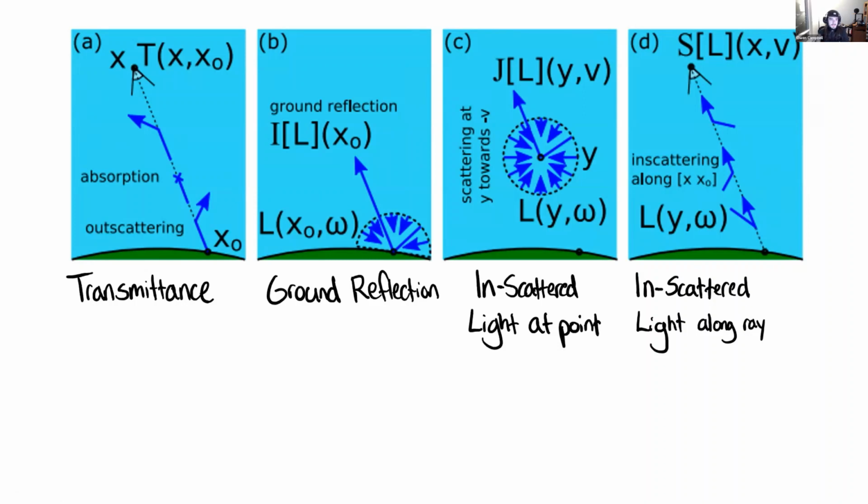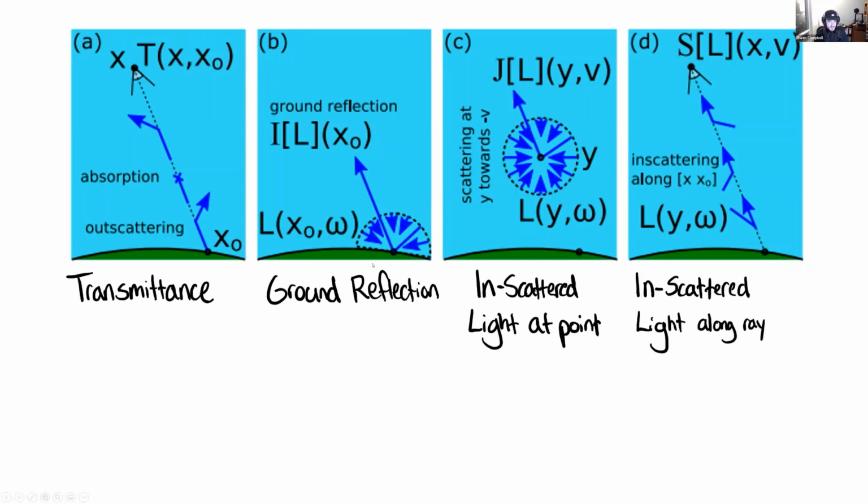If you're looking up, the endpoint will be on the edge of the atmosphere, because scattering only happens within the atmosphere. So there's always going to be an endpoint from where you're looking. And this is saying that of the light that left that endpoint towards you, how much of it actually reached you. So along that path, some of it's going to get absorbed, some of it's going to get scattered away. You're going to lose some of it. And this is basically telling you how much reached you.